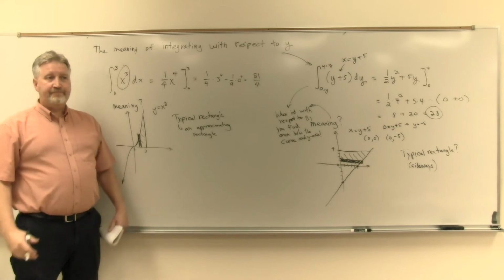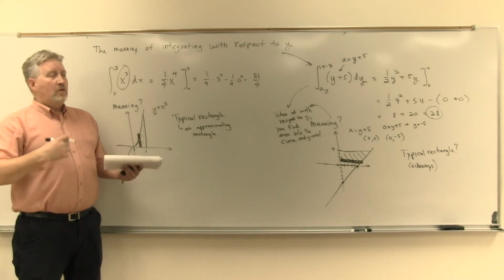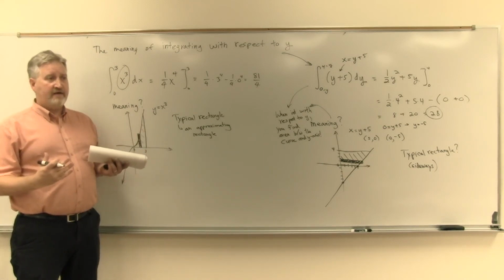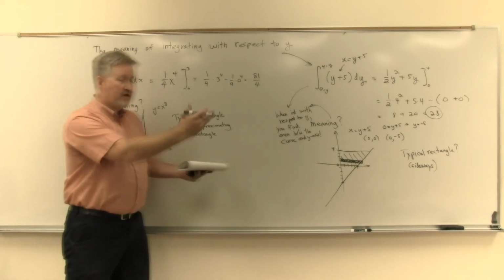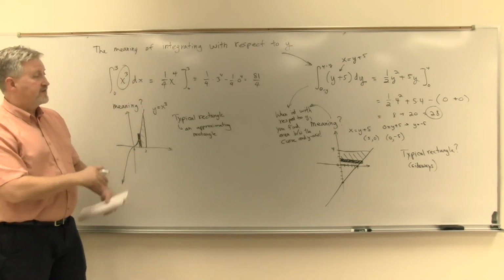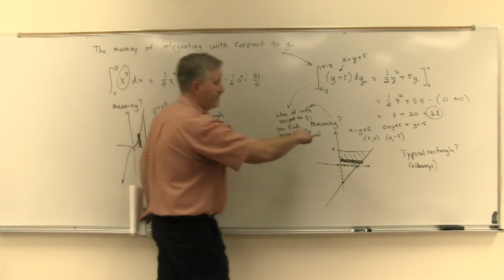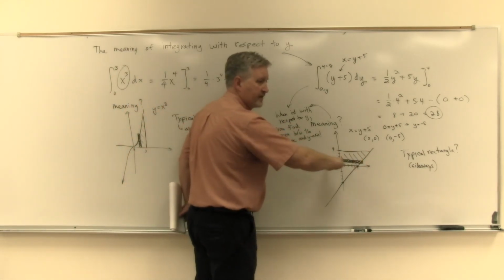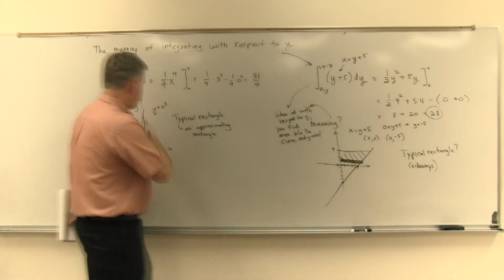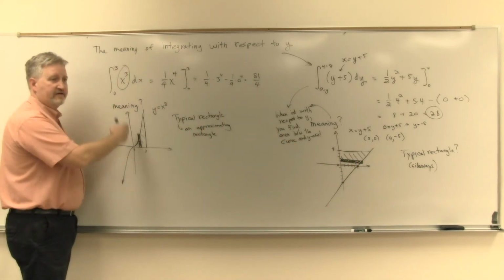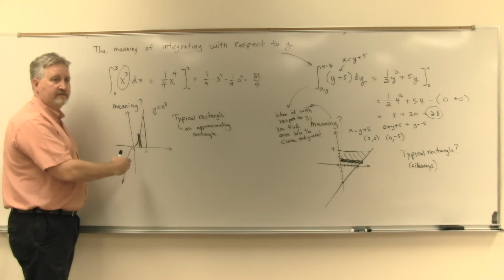All right? And so, one of the key points here that we need to understand, we were told here we're integrating with respect to y and with respect to x, but what you need to notice is, if I integrate with respect to y, I'm talking about sideways rectangles. If I'm integrating with respect to x, the rectangles are up and down, okay?